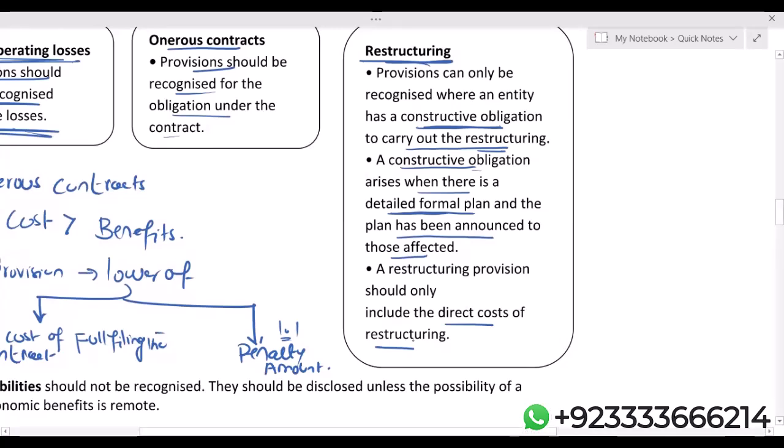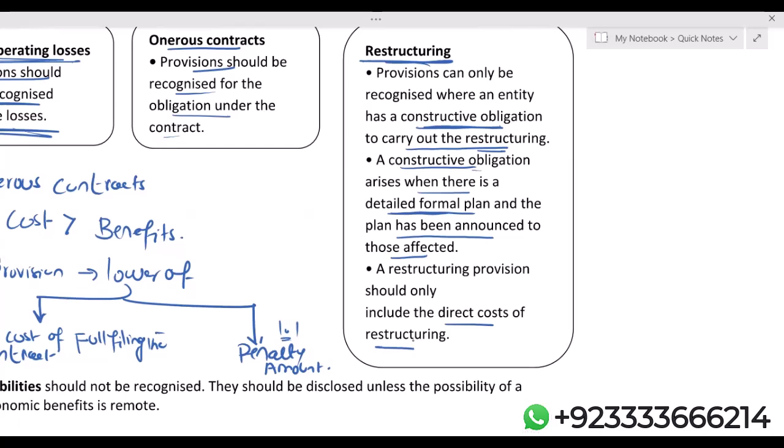For example, due to restructuring, let's say the company will have to bear redundancy costs. That will be a part of the restructuring provision. There's another possibility that due to restructuring there will be a breach of contract and, let's say, we have to bear penalties. Again, that will be a part of the restructuring provision. So only the direct cost of restructuring will be taken in the restructuring provision.